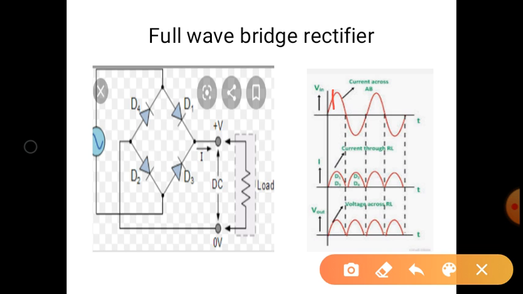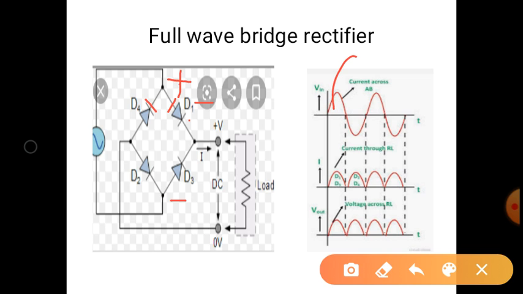Under the positive half cycle, this terminal is said to be positive and this terminal is said to be negative. So the anode of D1 is connected to the positive and the cathode of D4 is connected to the positive. It means diode 1 will be in forward bias condition and D4 will be in reverse bias condition.